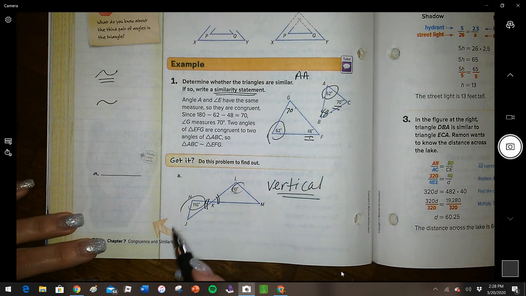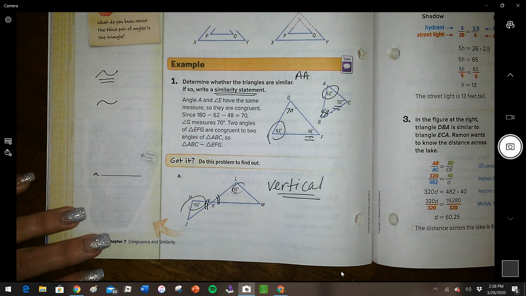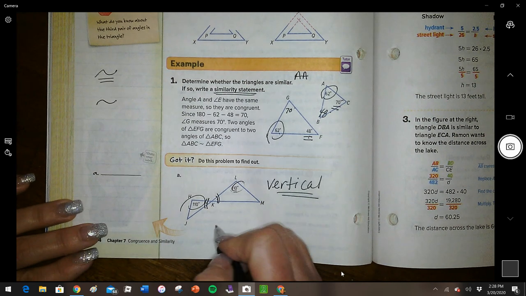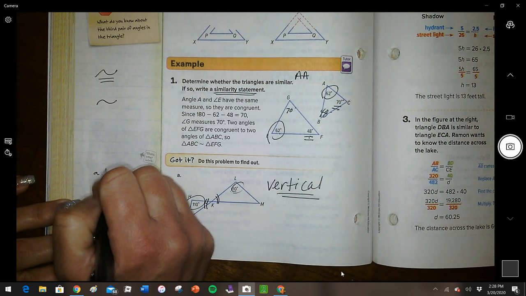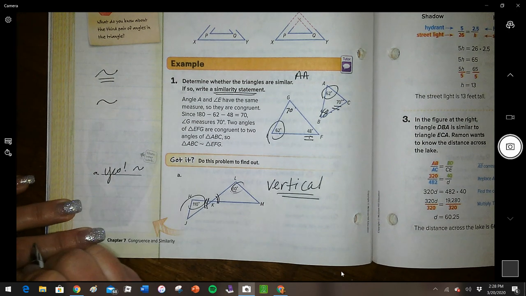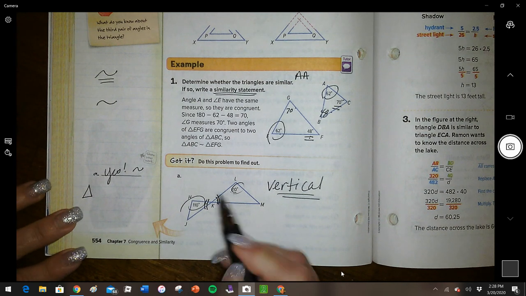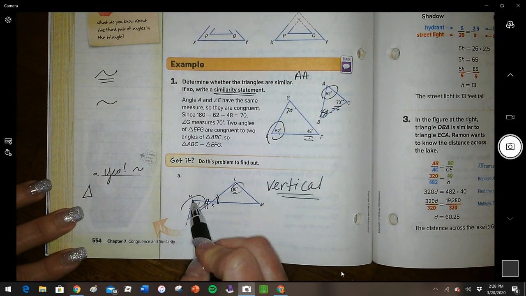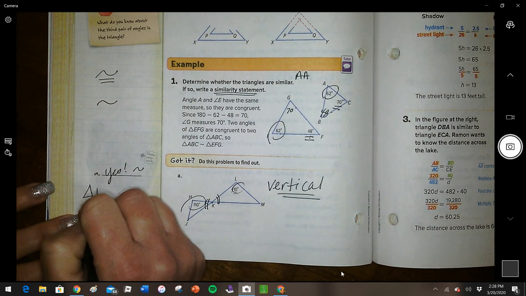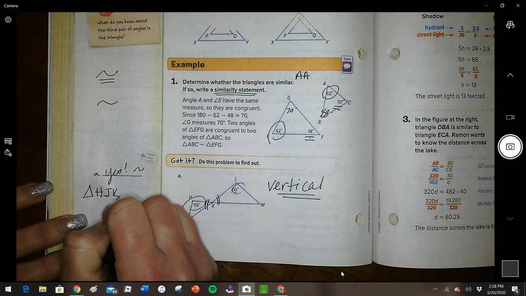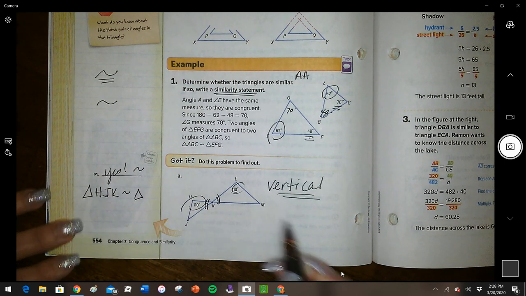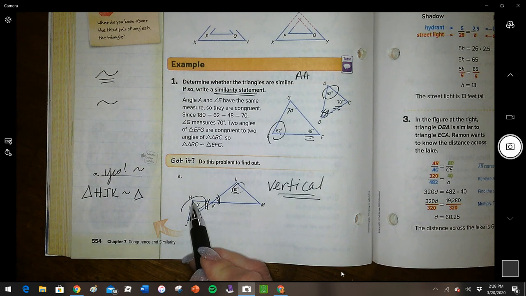Now we just have to figure out what is similar, and let's get the letters in the right order, okay? So, yes, they are similar. And let's go get those triangles. So, triangle HJK, and it's similar to, so which one do I write first?